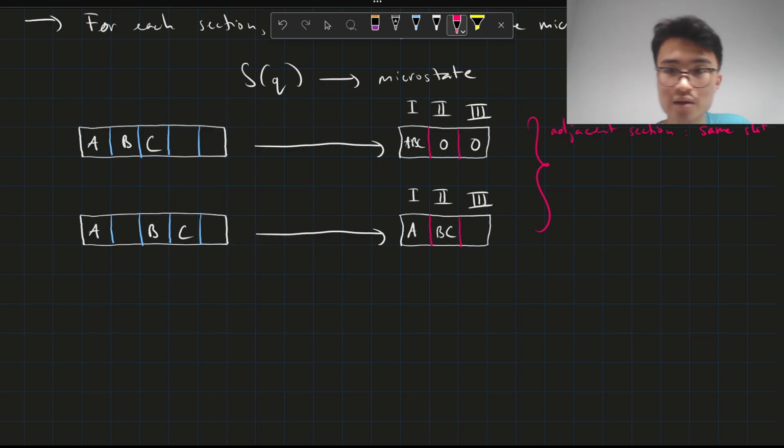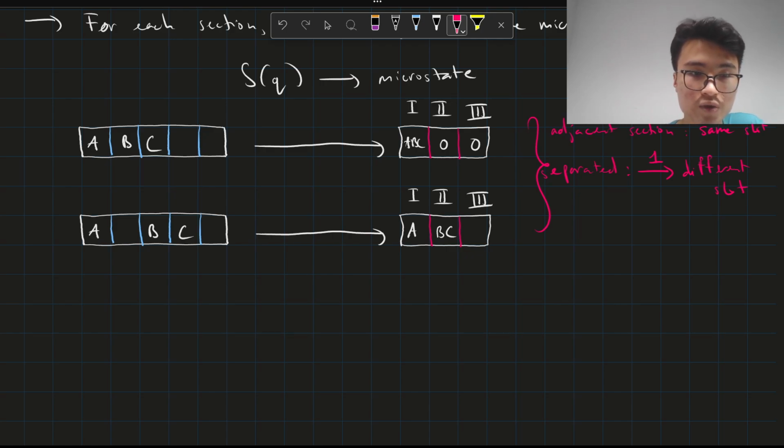If the length of separation is 1, then it's a different slot. For example, in this case, there's an empty section between A and BC.